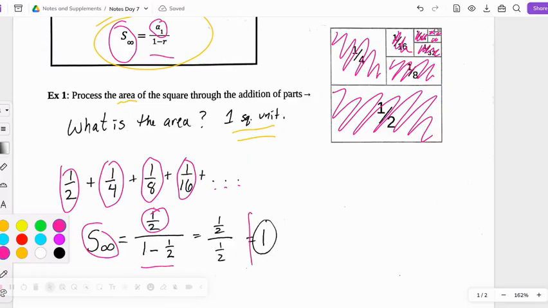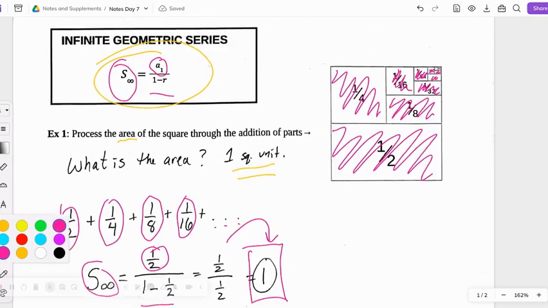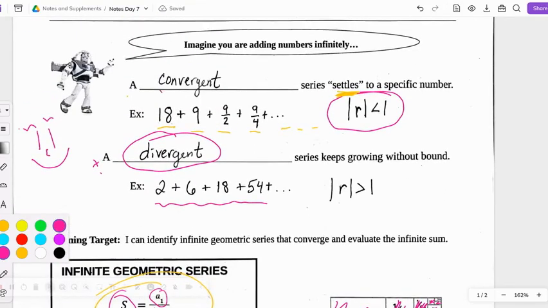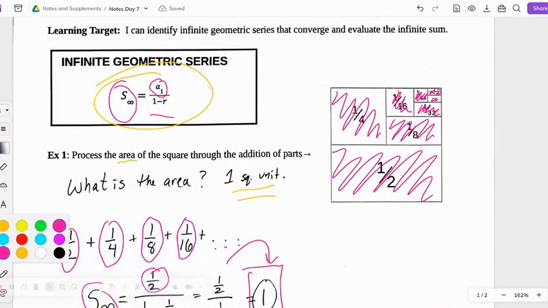And you can see that this formula will give you the number as the area of the square, even though we actually could never do that. Why? Because back up here, it's a convergent series. It settles to the answer using that formula.